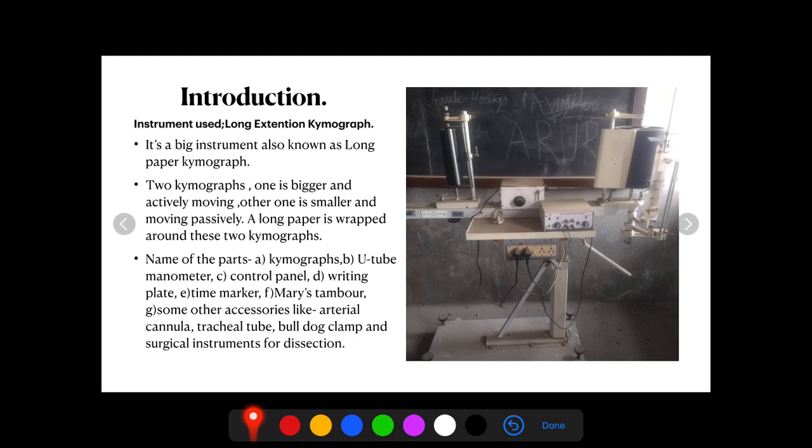Now, time marker. Here there is time marker. This should be separately shown to you in the next plate. Next, Marey's tambour. This will also be separately shown to you. And some other accessories like arterial cannula, tracheal tube, bulldog clip, and surgical instruments for dissection. This will be shown in the subsequent plates.